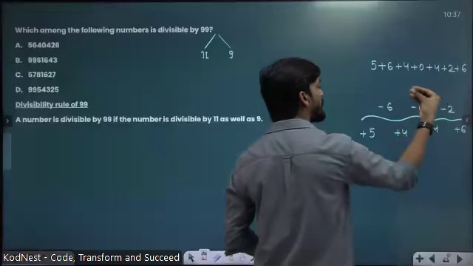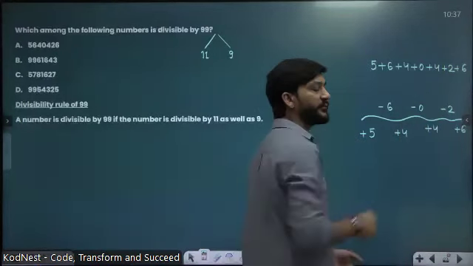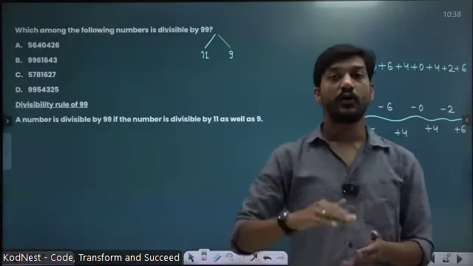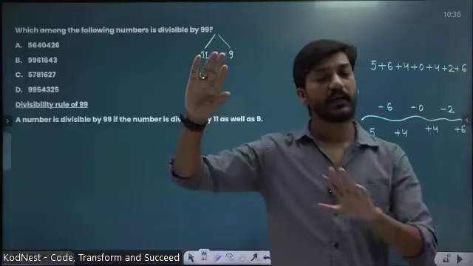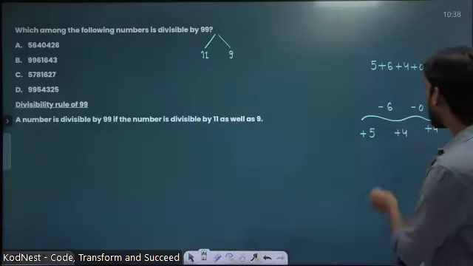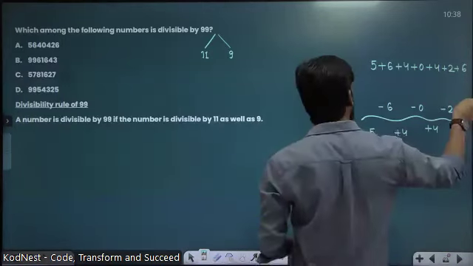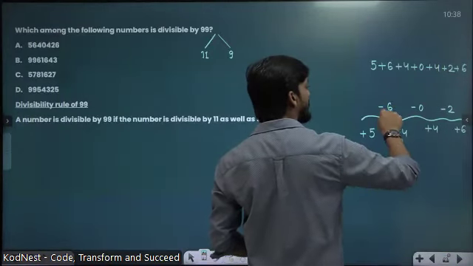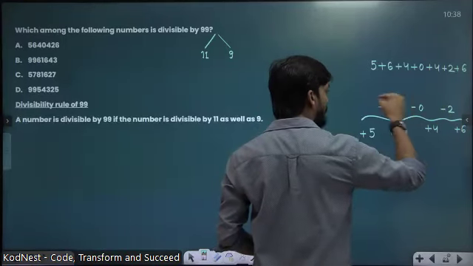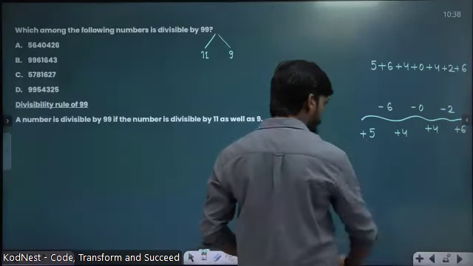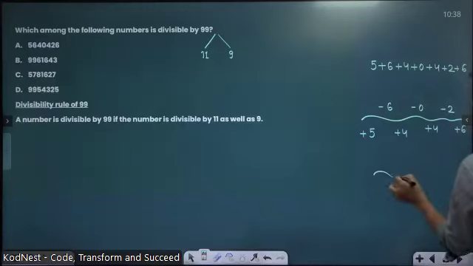Minus 6, minus 0, minus 2 will be equal to minus 8. So all the plus separated out, all the negatives separated out. All the positive signs, because everything is same sign, will be added. 5 plus 4, 9. 9 plus 4, 13. 13, 6, 19. All the negatives will be added. 6 plus 0, 6 plus 2, 8. So minus 8. So bottom side will give you 19. Top side will give you minus 8.